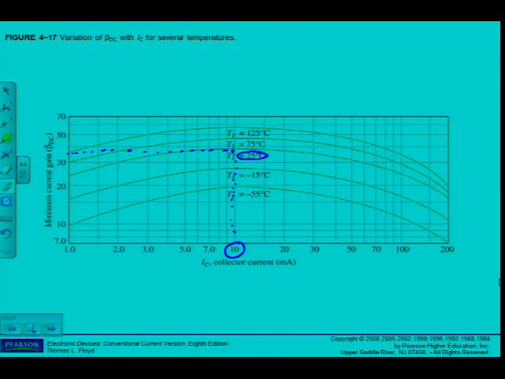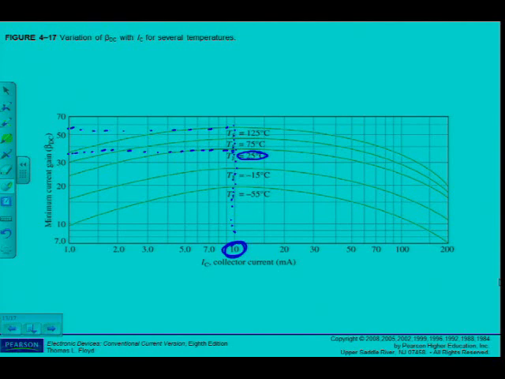But if the temperature increases and the current remains at 10 milliamps, let's go up to 125 degrees, what is the value of beta now? I can see that the beta value now becomes about 58. So temperature clearly influences my value of beta DC.